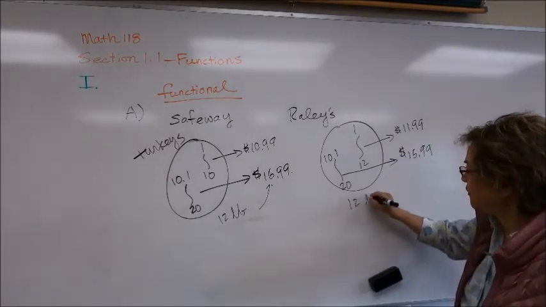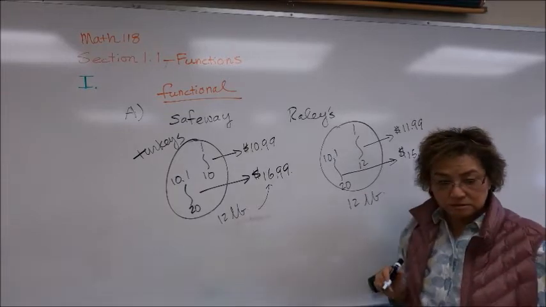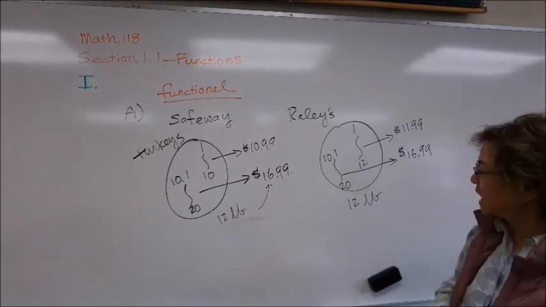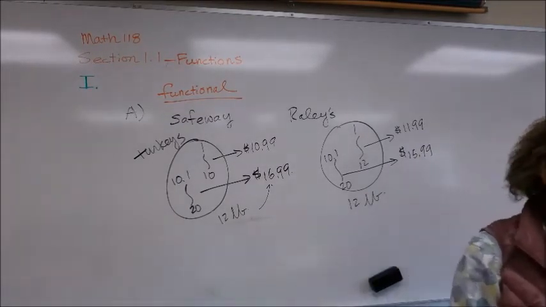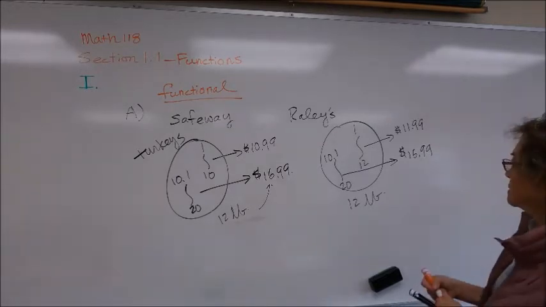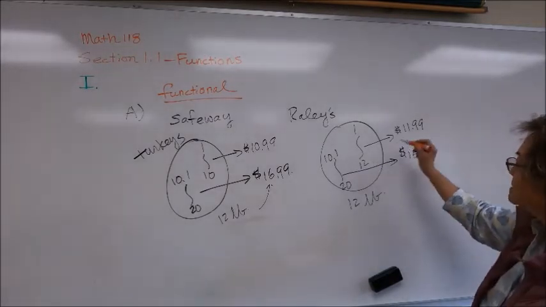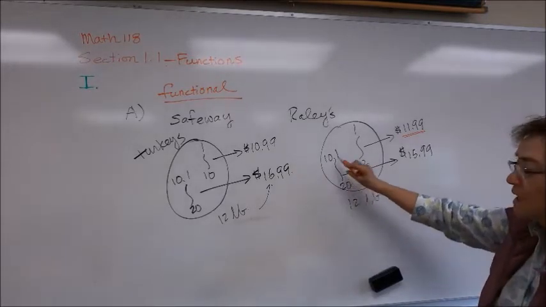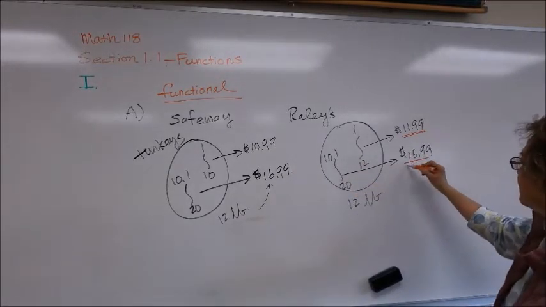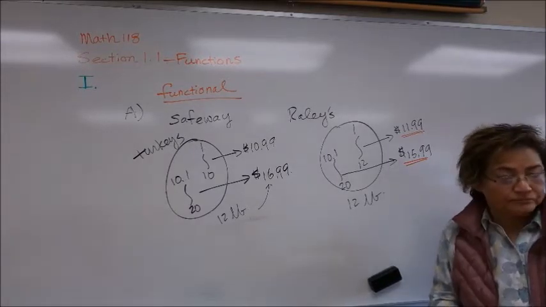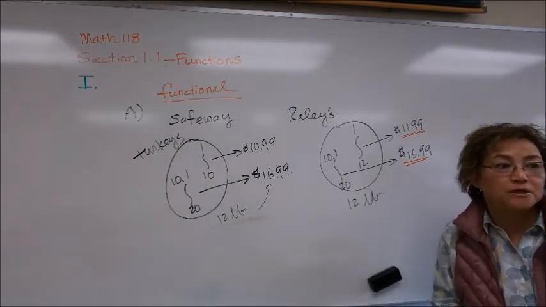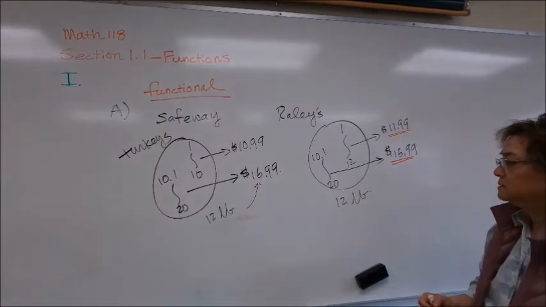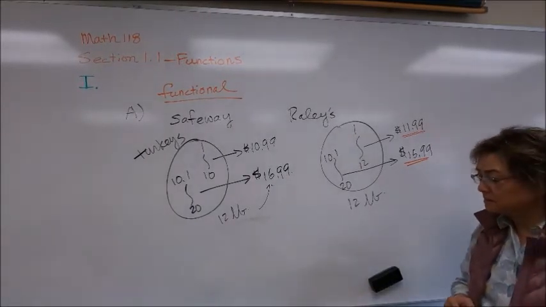So if you have a 12-pound turkey and take it to the counter, how much will they charge you? 12 pounds, you say $11.99. However, between 10 and 20 pounds, it says $15.99. So which one should you pay for? Confusing, right?